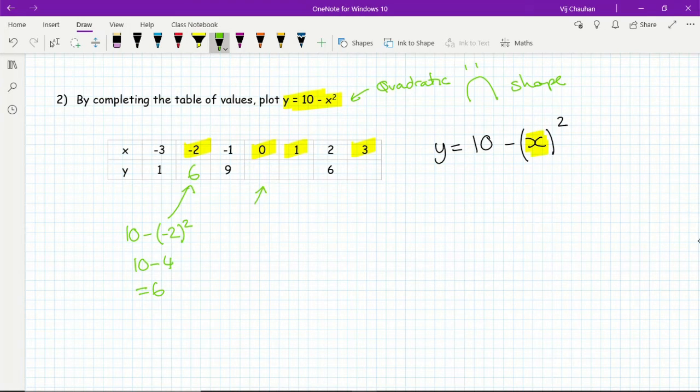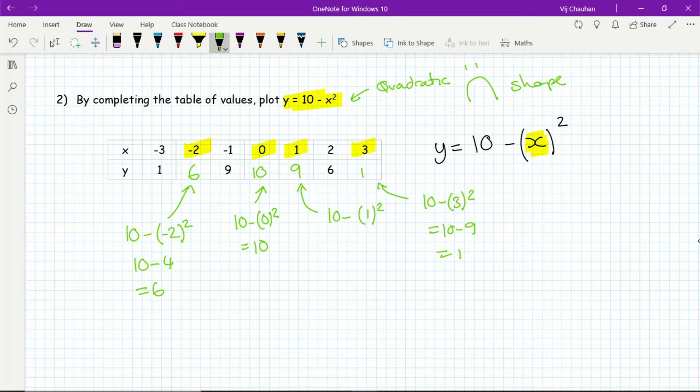For this one here, I've got 10 take away 0 squared, which is just 10. Then I've got 10 take away 1 squared, which is 9, and 10 take away 3 squared gives me 10 take away 9, which equals 1.